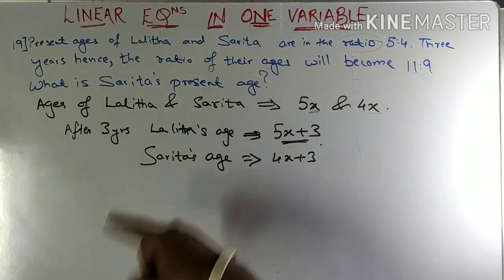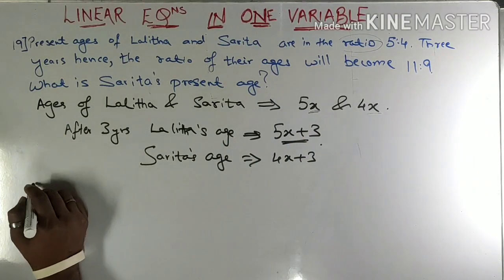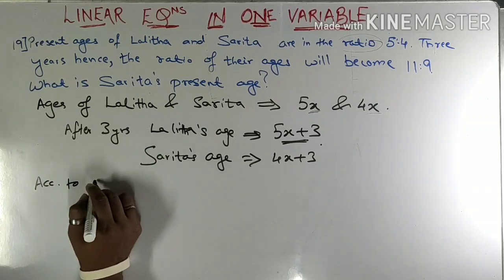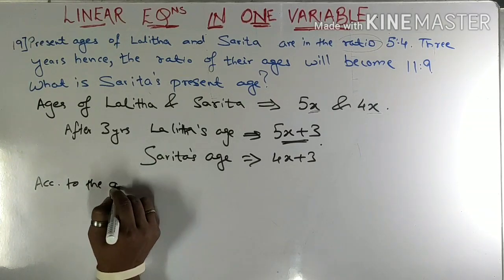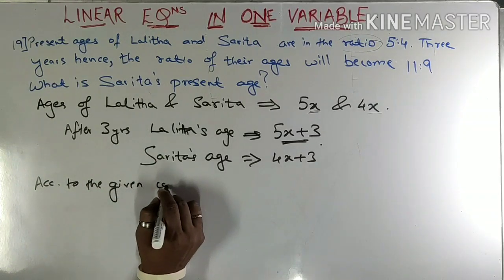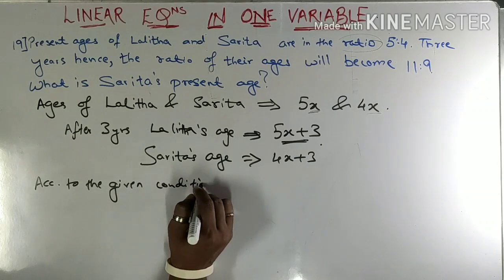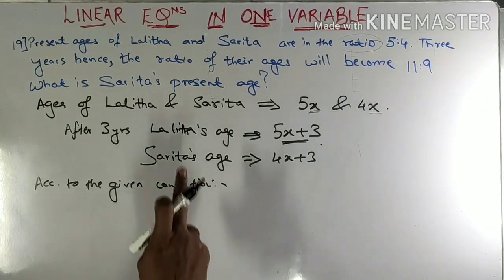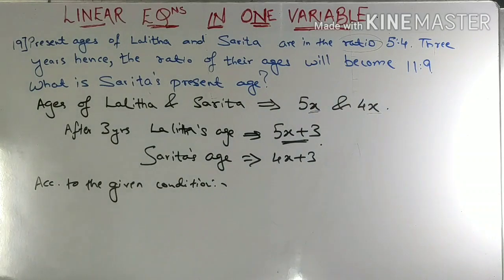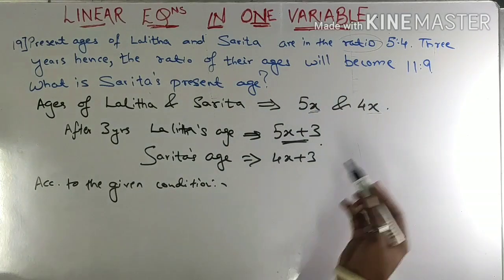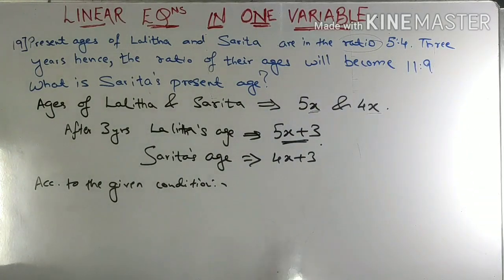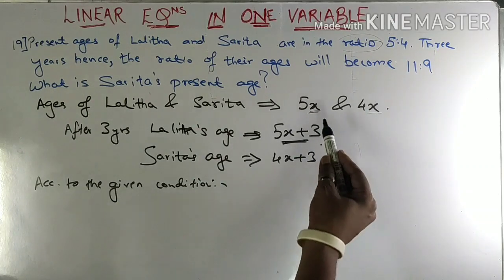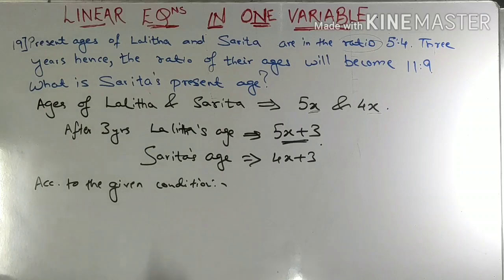So the second condition, according to second condition, what is it given? According to the given condition, the new ratio of their ages will become 11:9. So for this ratio, again I won't take another separate variable or a common multiple, but I'll equate it with the previous one.